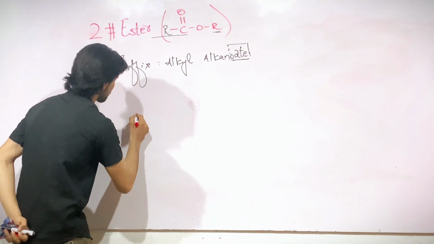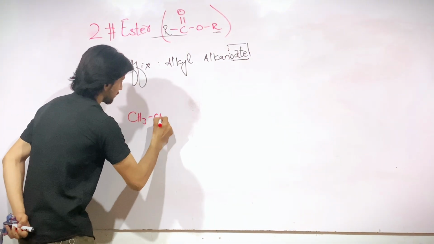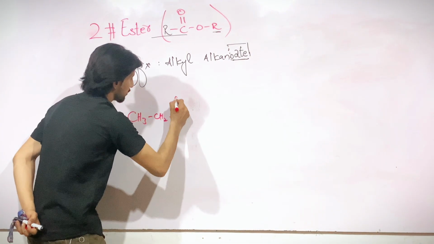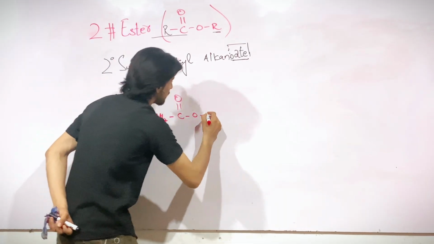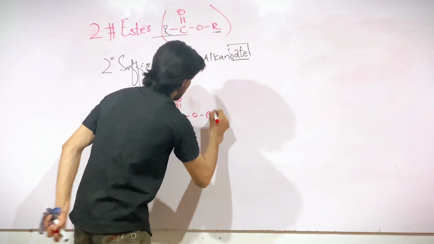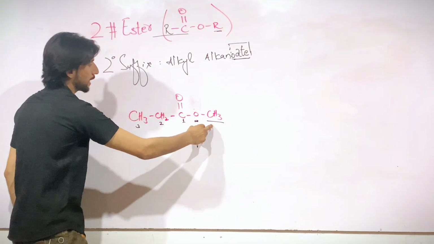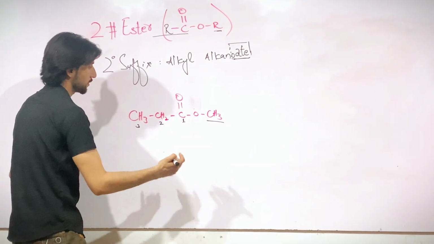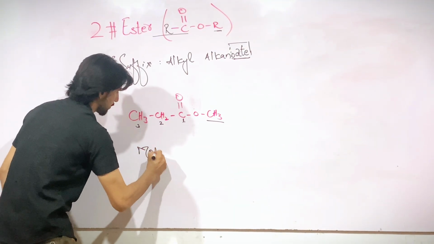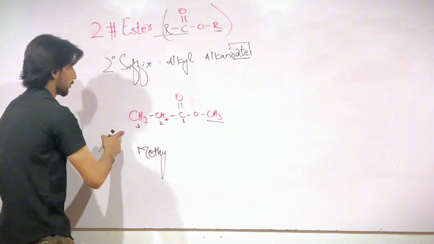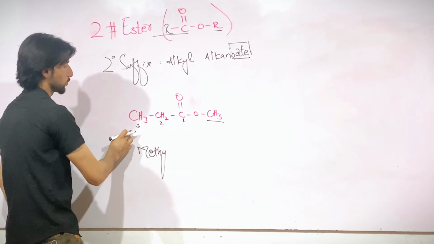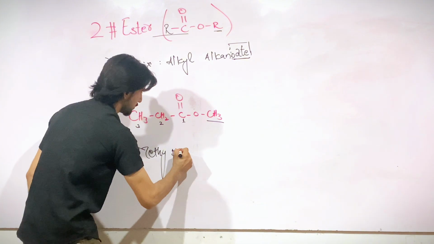Suppose we have this compound. We must name our alkyl part first. That becomes methyl. And there are 3 carbon atoms in our main chain, so the word root for it is prop.